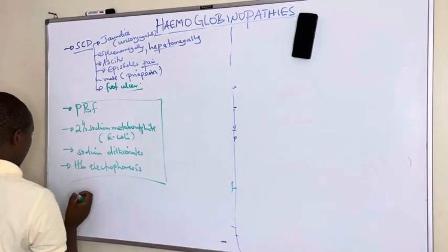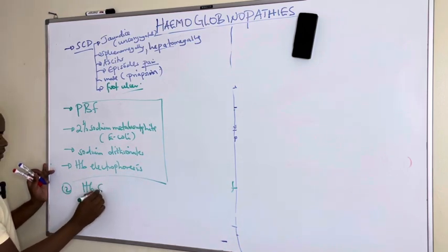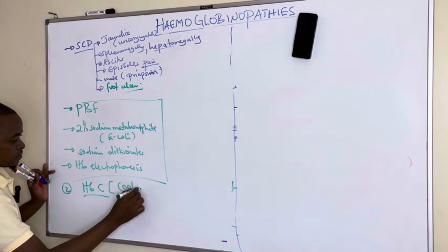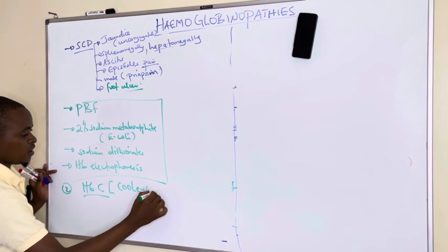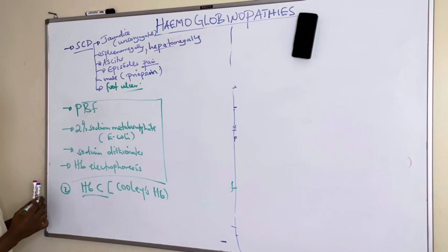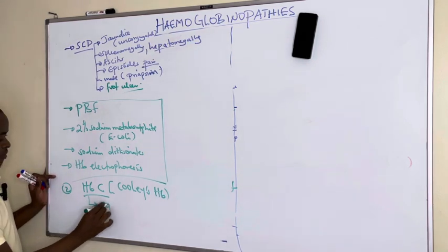So the second hemoglobinopathy we can talk about is HbC, which we call Cooley's hemoglobin. These are Indian coolies, where it was first discovered in India, and we called it hemoglobin C. This hemoglobin C is due to replacement.